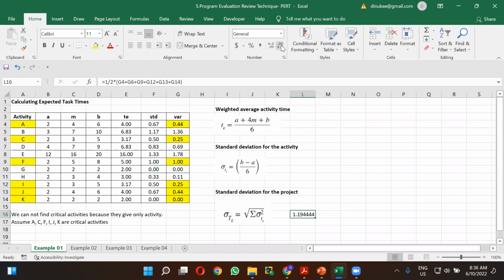Is this the value you got, or should it be different from this? 1.45. So I think 1.45, right?